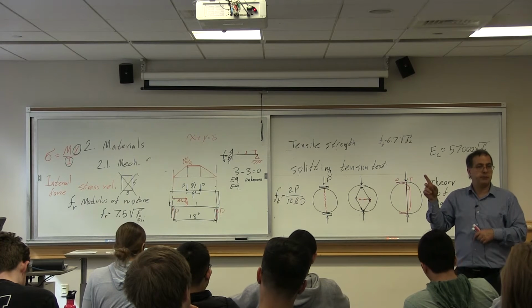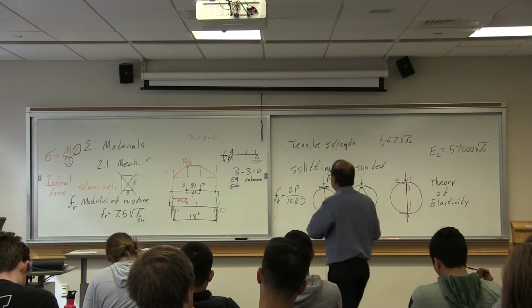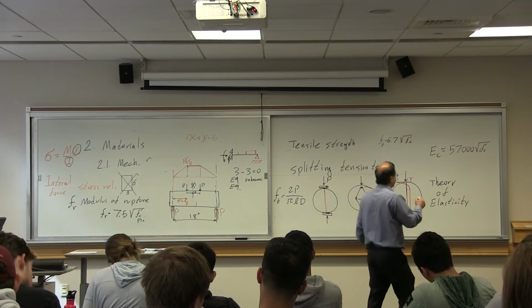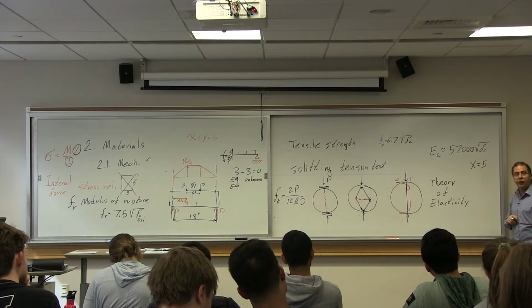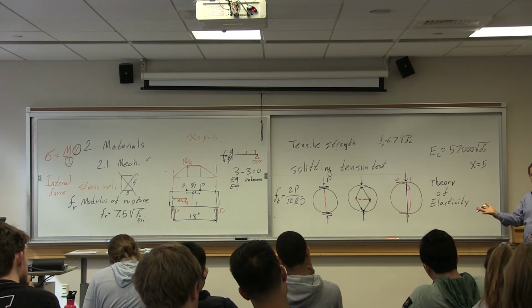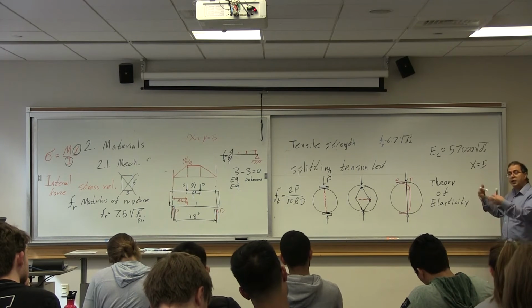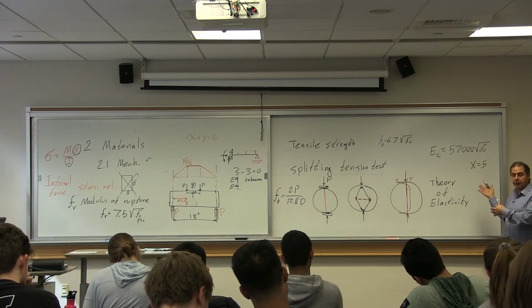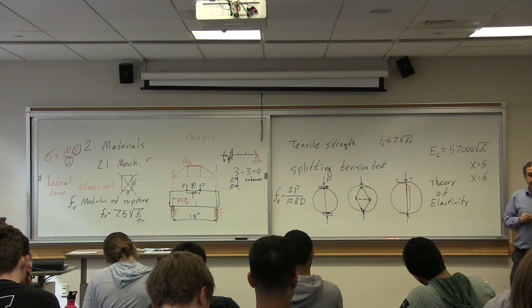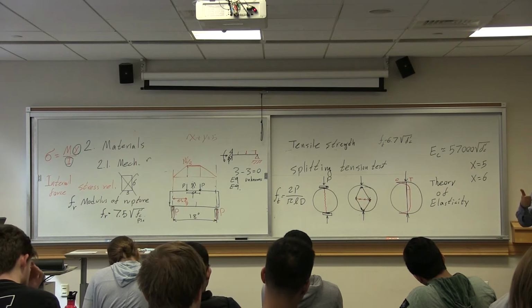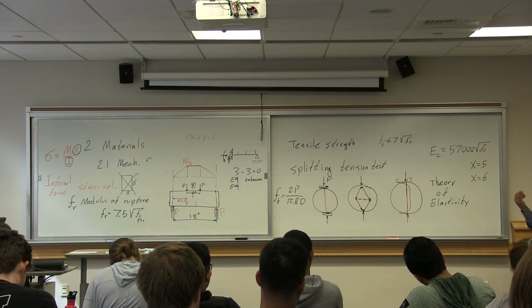No solutions. For instance, as simple as this, x is equal to 5. How many equations, how many unknowns? One equation, one unknown. I want to add another equation with the same unknown. x is equal to 6. I have two equations, one unknown. What's the answer? It's impossible.